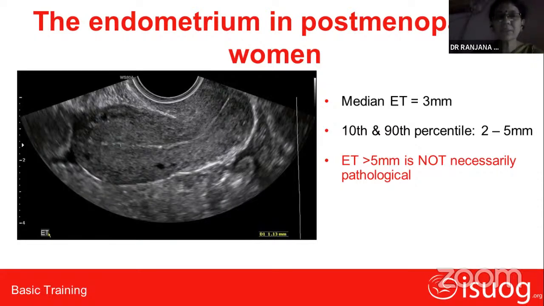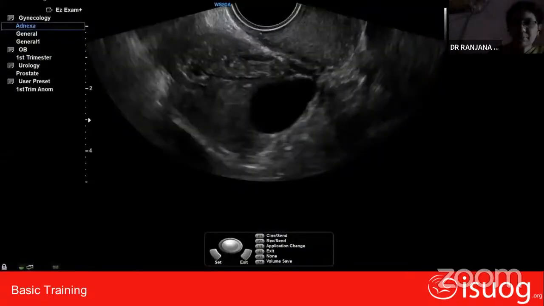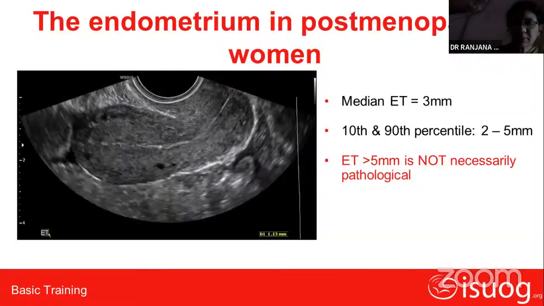That also increases the thickness along with inhomogeneous and cystic endometrial hyperplasia. But still, if the thickness is more than 5 millimeter, we should evaluate the patient.